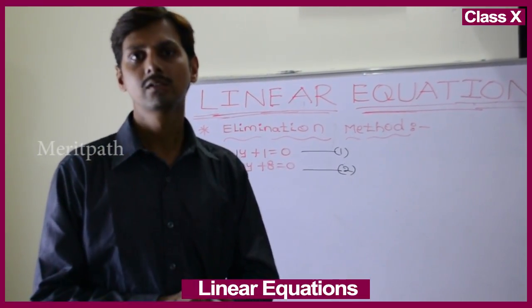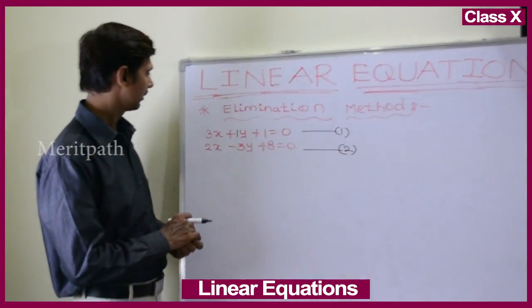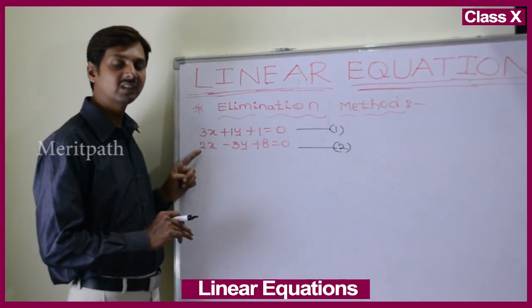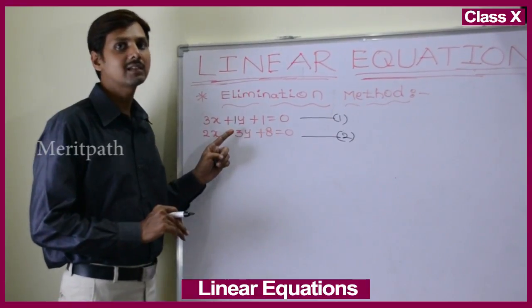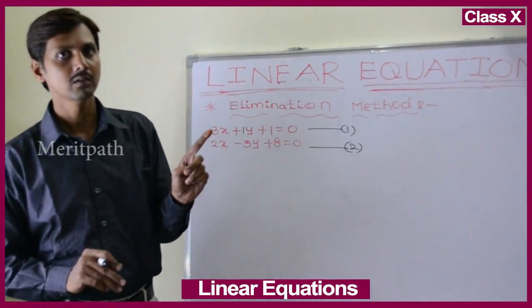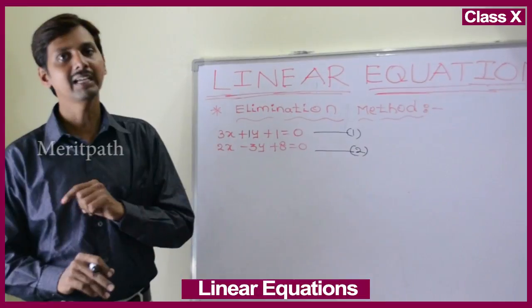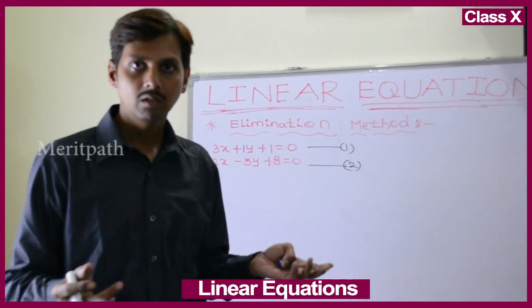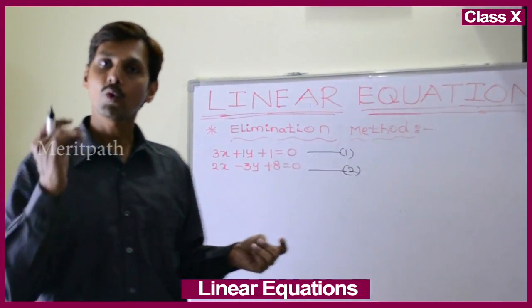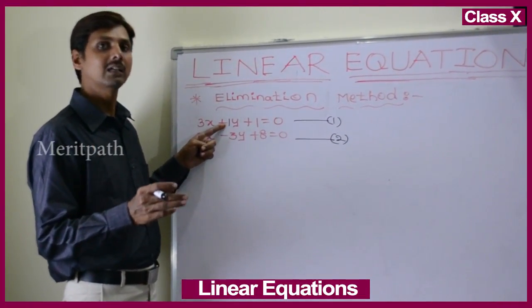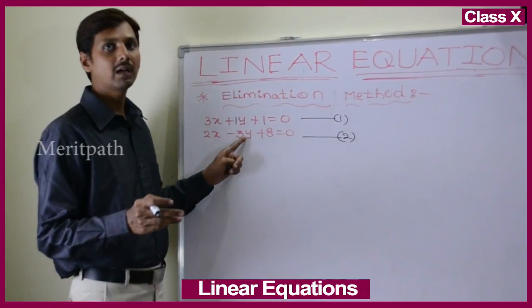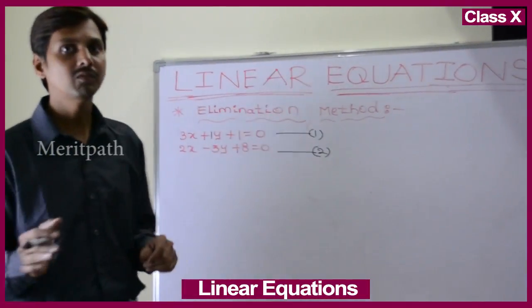So what we need to do is make these coefficients equal, either the x coefficients or the y coefficients. Then we can subtract both equations, one of the variables is eliminated, and we get the other variable, either x or y, and then we get the values.